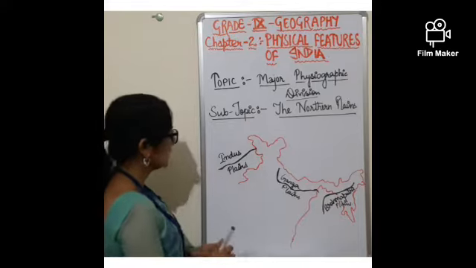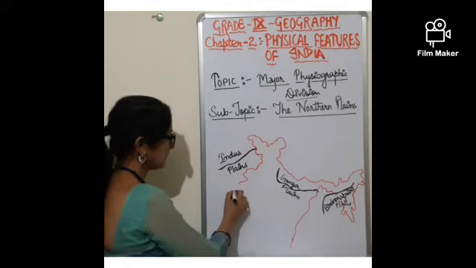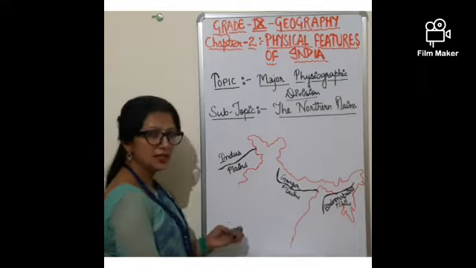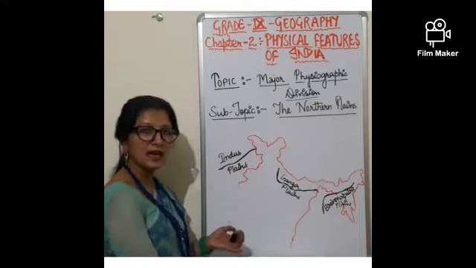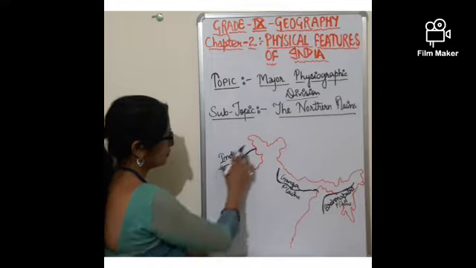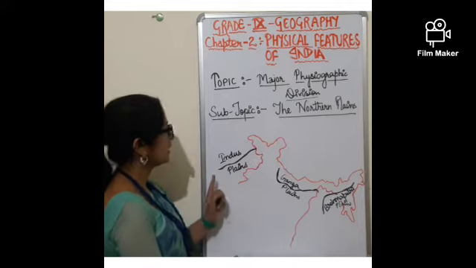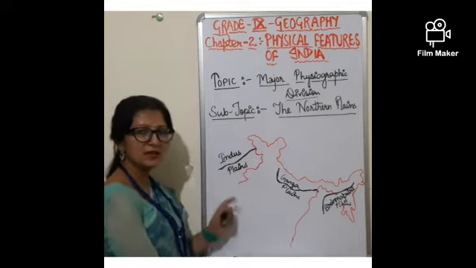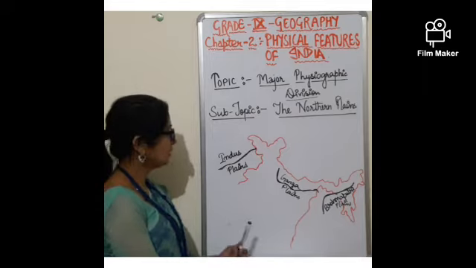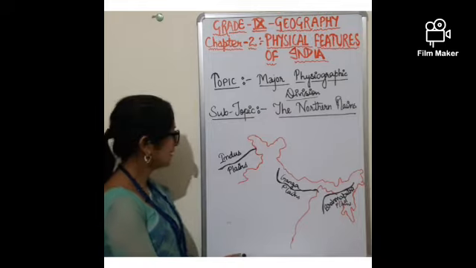These rivers created the plains through several distributaries, like Jhelum, Beas, Ravi and Chenab. These rivers also make very fertile land, consisting of alluvium soil, which is very good for cultivation, especially wheat and rice.